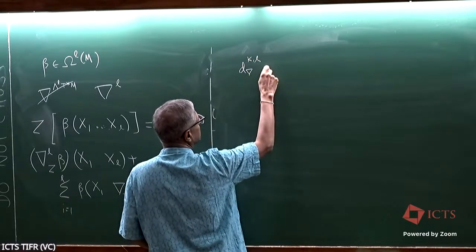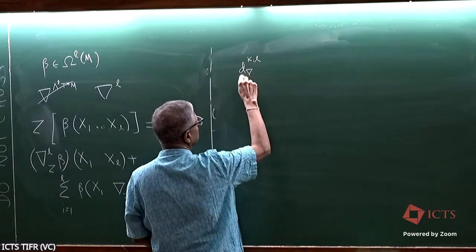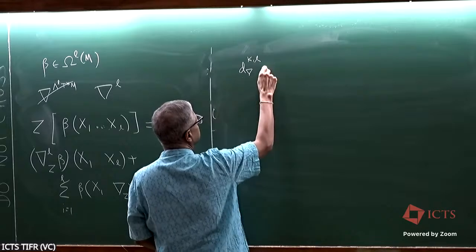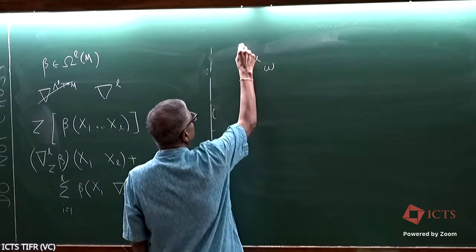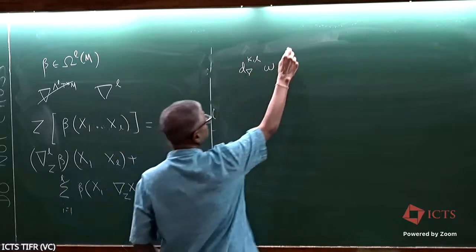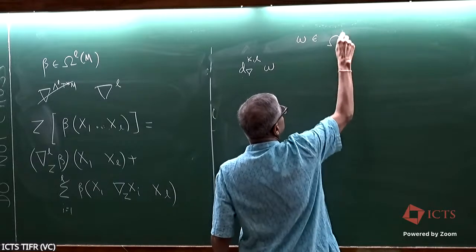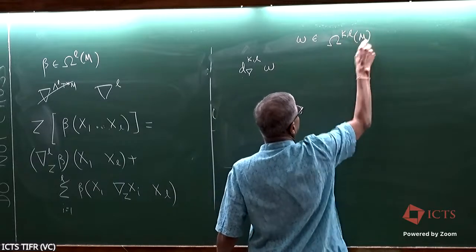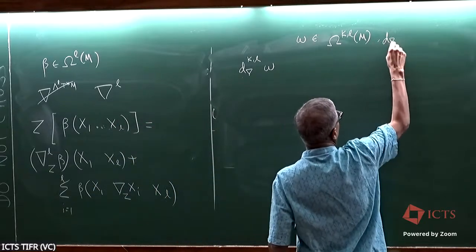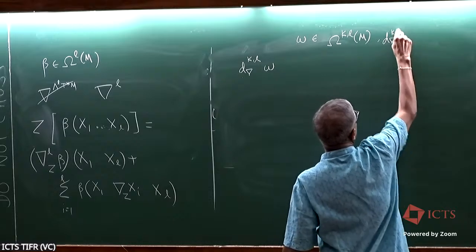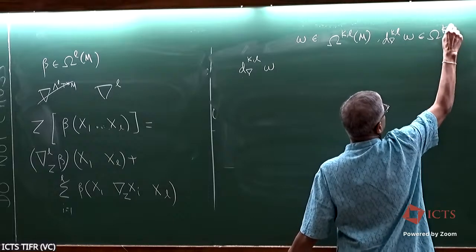So D nabla KL of, let's say, some omega. If you have a double form omega, a KL form, so it's an L form valued K form, then its D nabla will live in K plus 1 L.